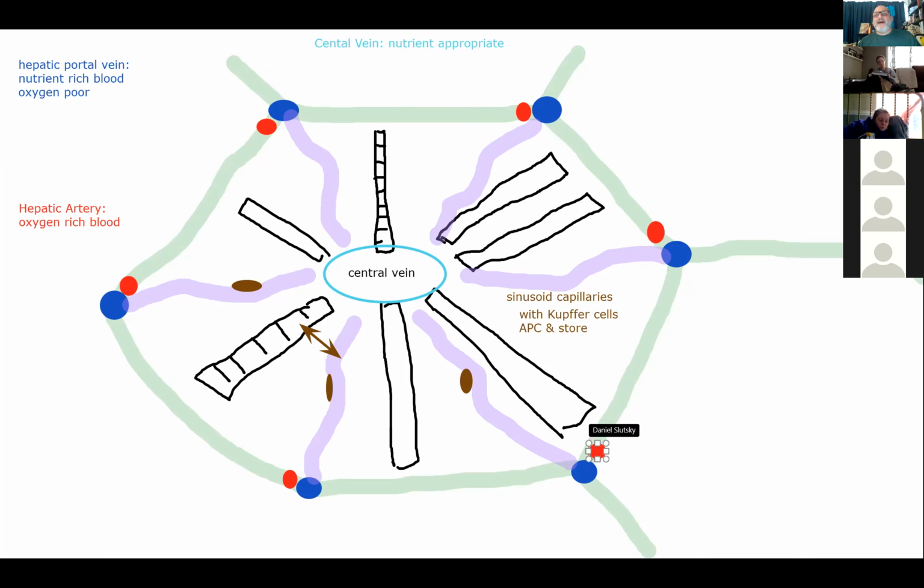So notice two blood supplies come to the liver. We have nutrient-rich blood coming from the hepatic portal vein.